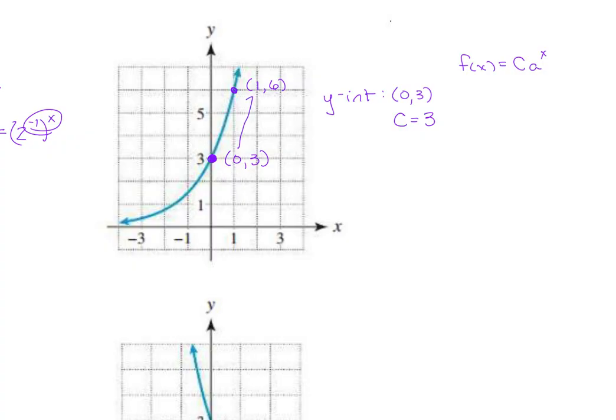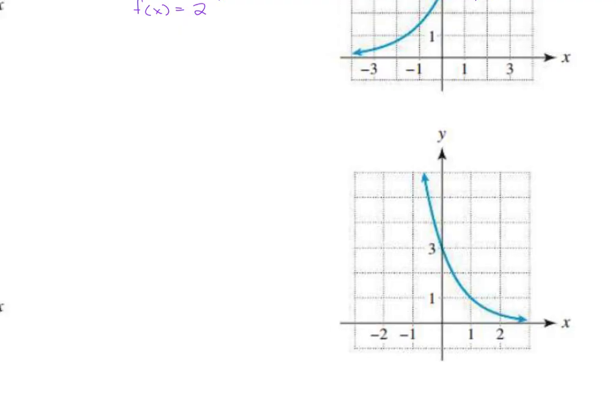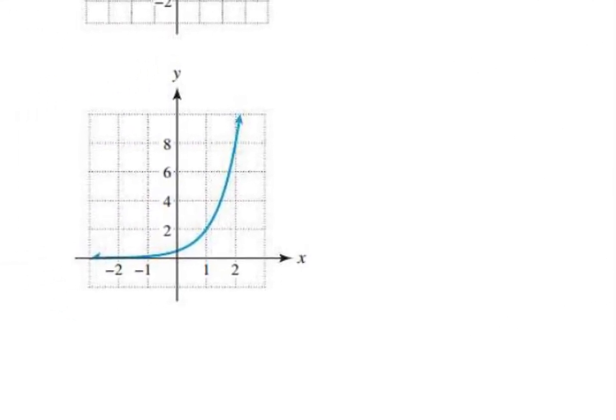And so as we increase x by 1, how do we get from 3 to 6 using multiplication? We are multiplying by 2. And so that is my base multiplier. All right, if we go ahead and plug these in, we plug in 3 for c, we plug in 2 for a, and we get 3 times 2 to the x.